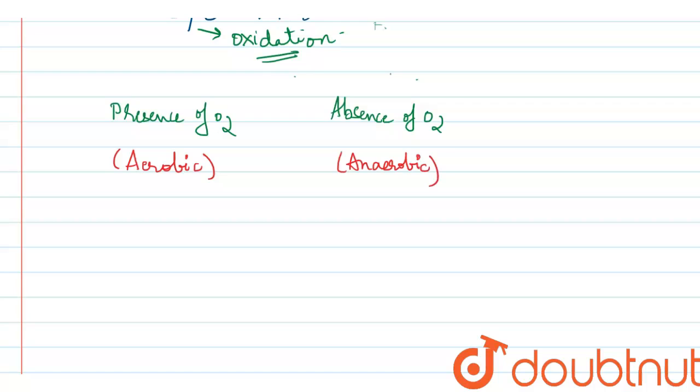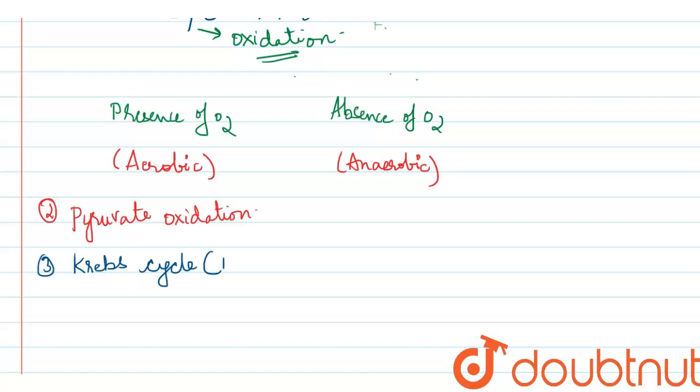In aerobic respiration, the next step after glycolysis is pyruvate oxidation. Pyruvate is oxidated, and then the next step is Krebs cycle, also called tricarboxylic acid cycle.